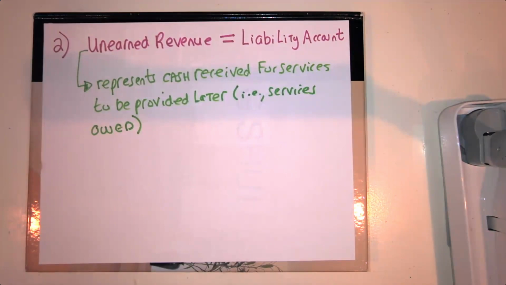Winta, would you mind answering another question, please? If you want to turn the mic back on. Winta, why is it in our problem that ABC Company will need an adjusting entry at the end of the year related to the unearned revenue?